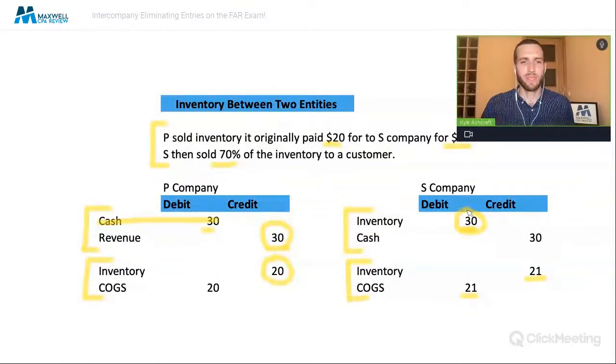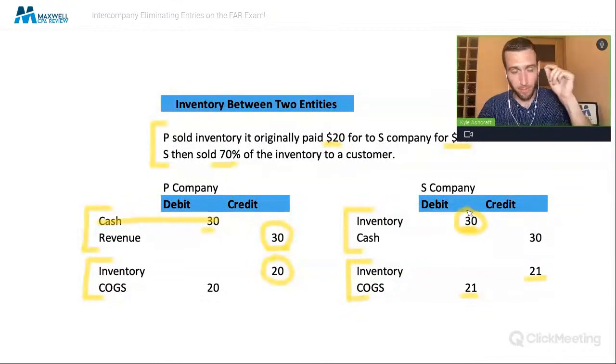We need to ask, what would the entries have been if instead of this inventory going from parent to subsidiary and then subsidiary to the customer, it went straight from the parent to the customer? So if we never had that middle transaction to the subsidiary, how different would this entry be?